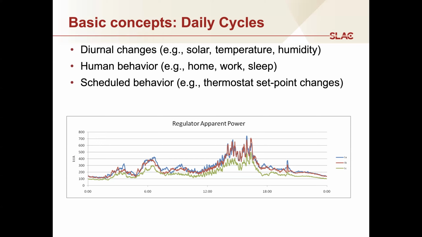So these diurnal cycles are presented to the simulator through a variety of means: weather data, human scheduled behavior data, and such things. And so GridLAB-D has all the tools necessary to allow you to include that information, customize it, and we'll talk about schedules and climate and the climate module in the coming sessions.